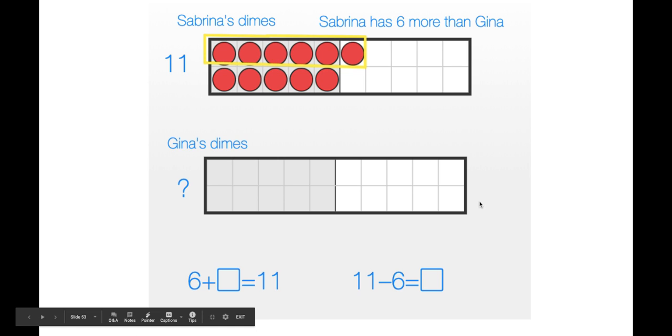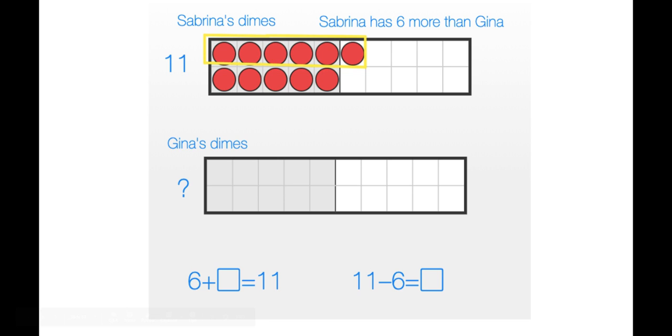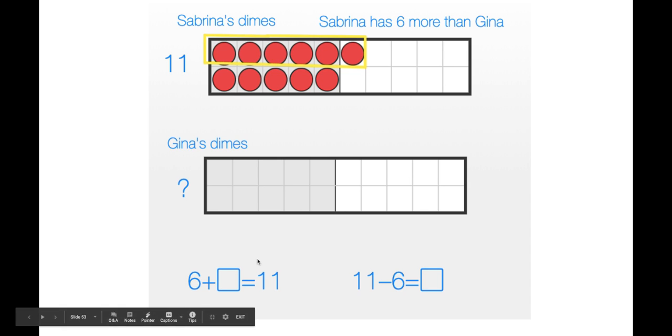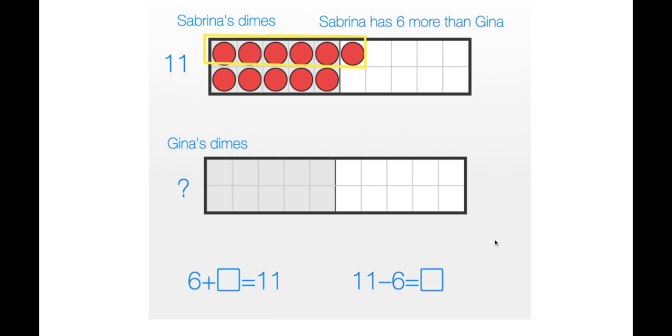Which one would you choose? Either way, they'll both give us the answer for how many Gina has. Did you solve it? Great job. Yes, the answer is 5. Gina has 1, 2, 3, 4, 5 dimes.